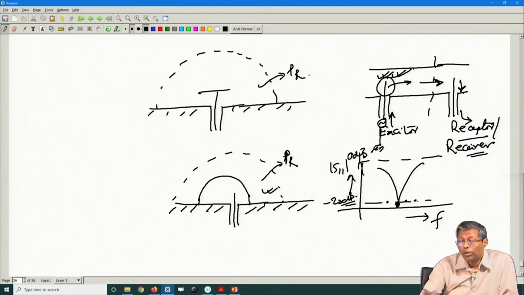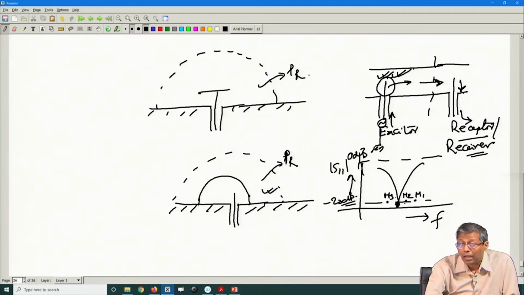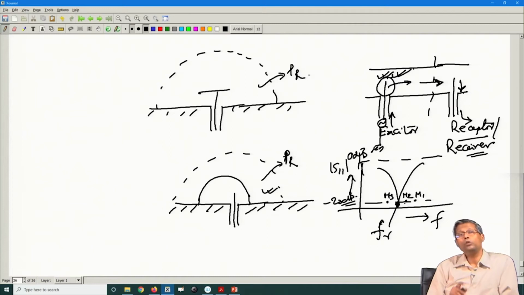As I told you, mode M1, mode M2, mode M3: which is contributing which kind of power here, how much power, whether mode M1 is predominantly contributing here, or mode M2, or mode M3. So, I want to find out a chart listing, at this resonance frequency Fr, how much power is being contributed by all these modes. How do I do that?